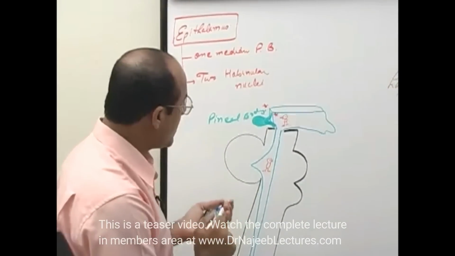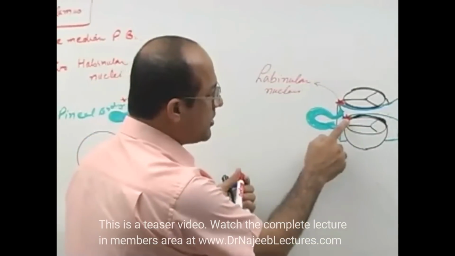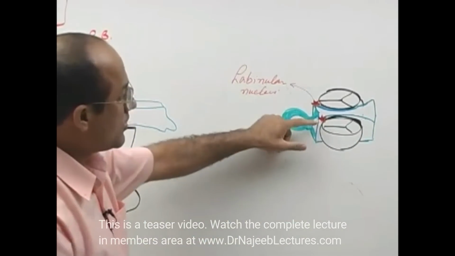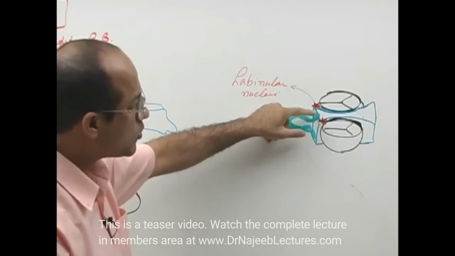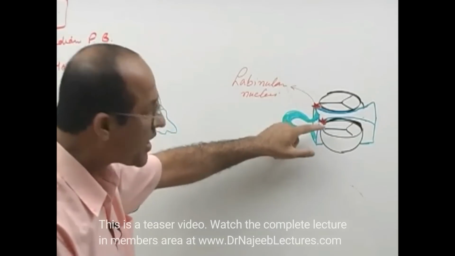No? Okay. Now, these two habenular nuclei are connected with each other. Fibers from the right habenular nucleus are going towards the left, and fibers from the left habenular nucleus are coming to the right.